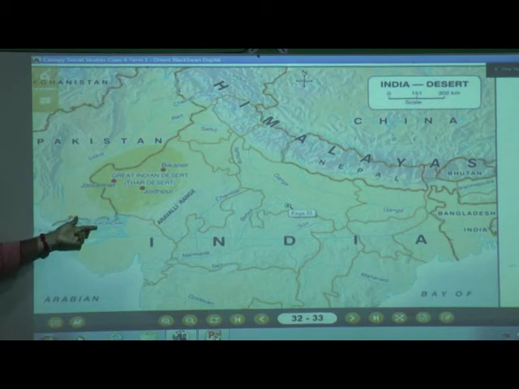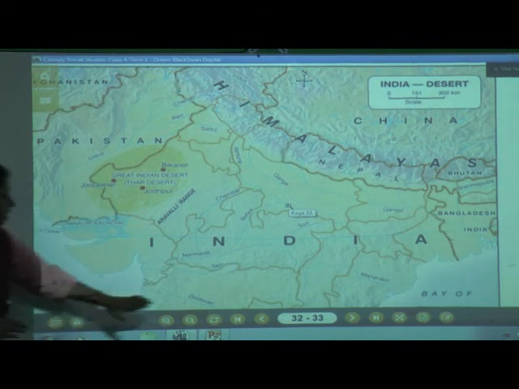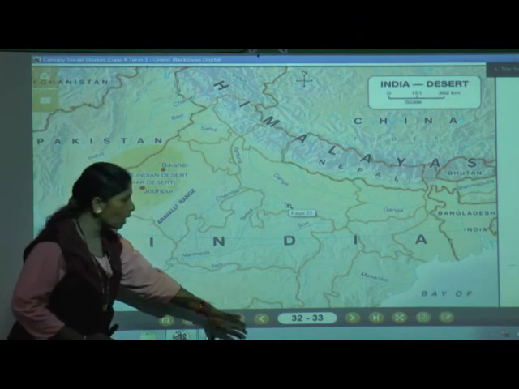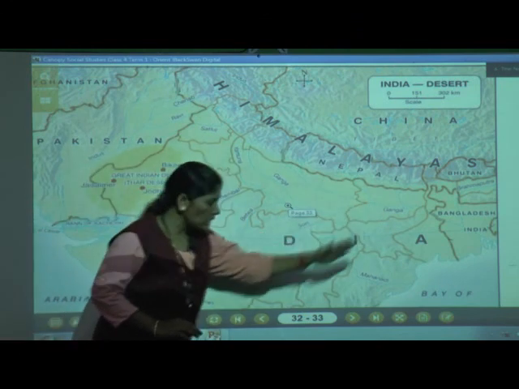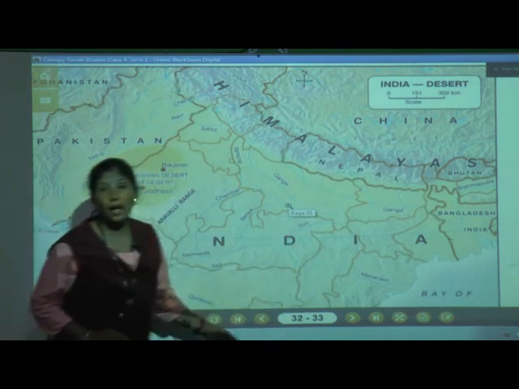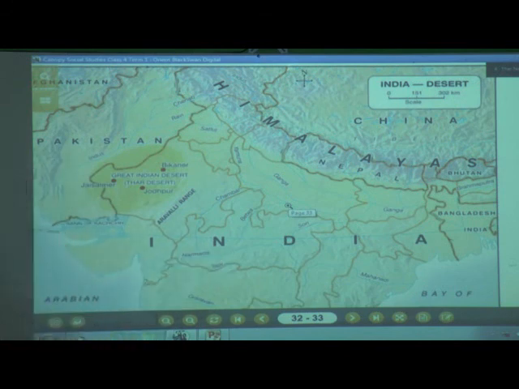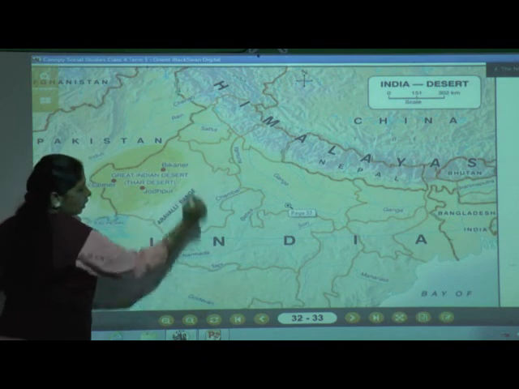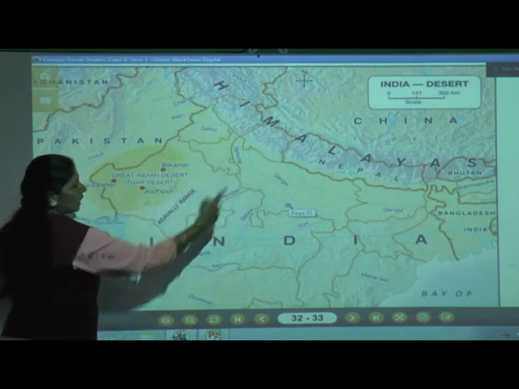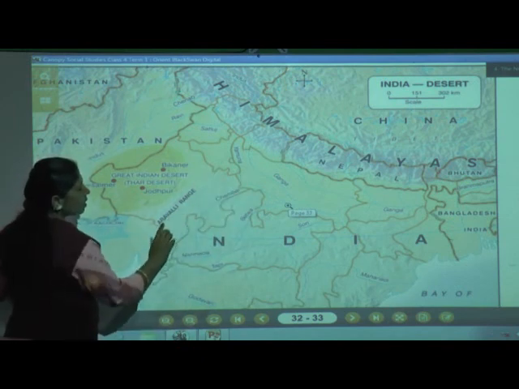Here the down part is the south, correct? South to east, we have the Aravali range. Can you see the Aravali here?